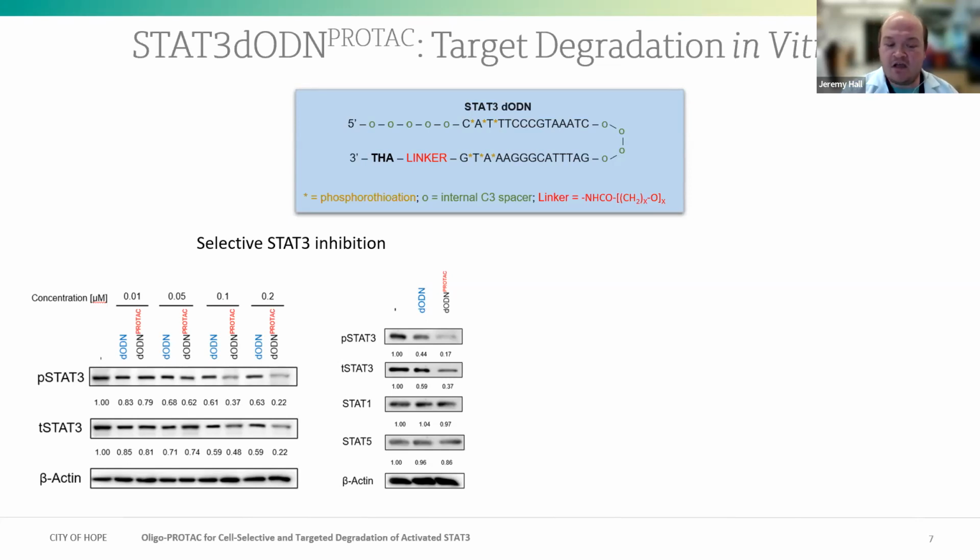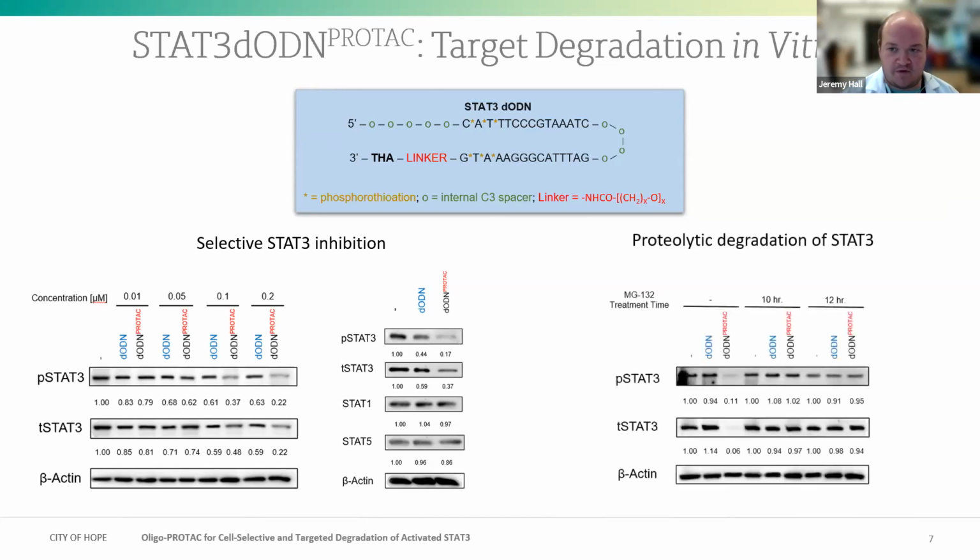And so while it's not actually pictured on the slide here, we also conducted some competition tests. Ultimately, they would include increasing amounts of either ligand, either the decoy or thalidomide. And ultimately, we were able to show that it was not some non-specific effect. It was actually the mechanism from both of these particular ligands that was reducing STAT3 levels.